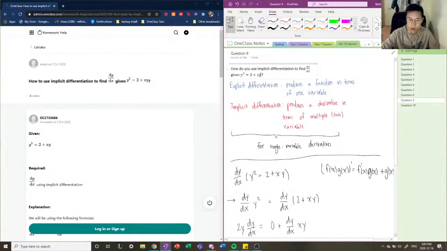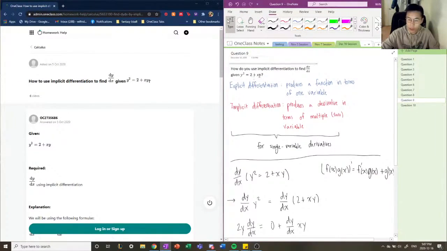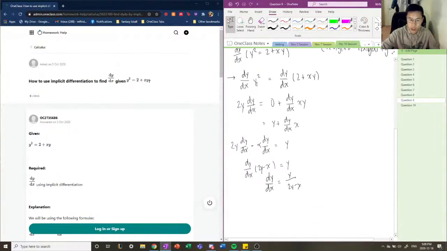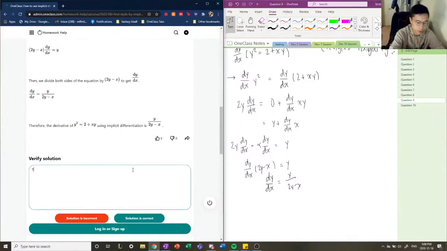This is where implicit differentiation comes in, because we can bypass the complicated isolation and the complicated explicit differentiation, and exchange it for a much simpler implicit differentiation where we still find the derivative, but just as a function of y and x. Other than that, this is the correct solution, and we can move on.